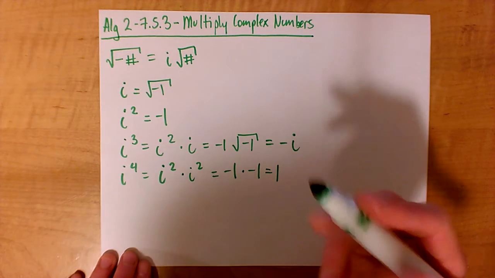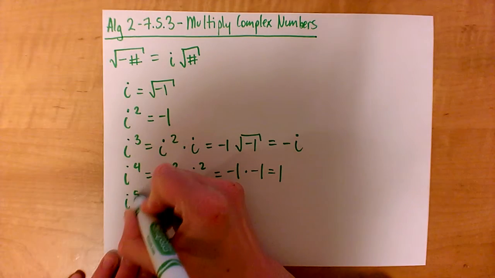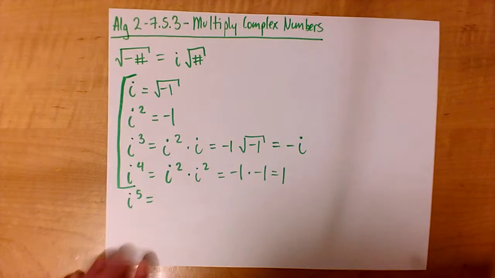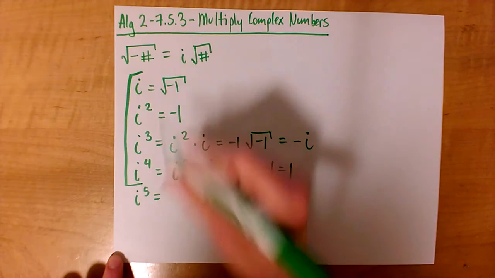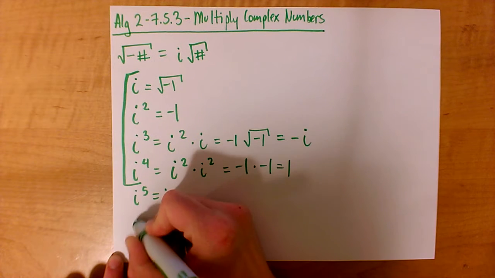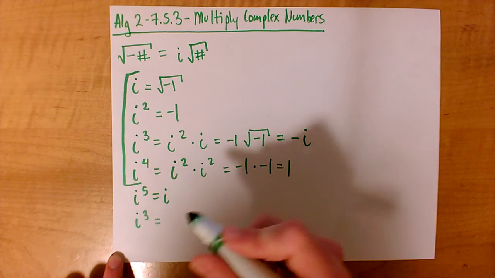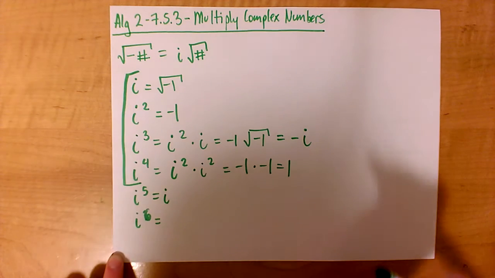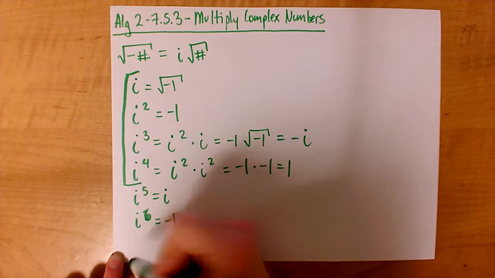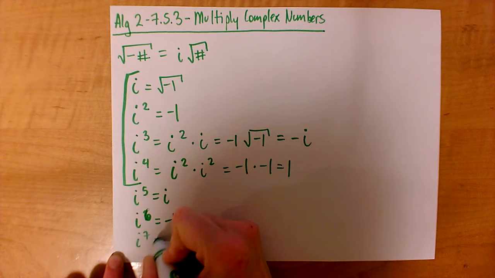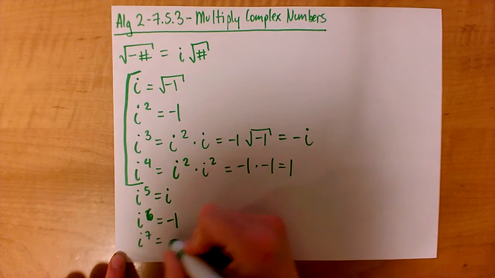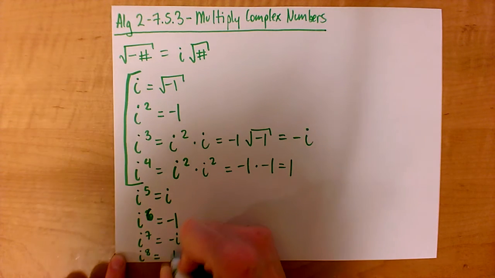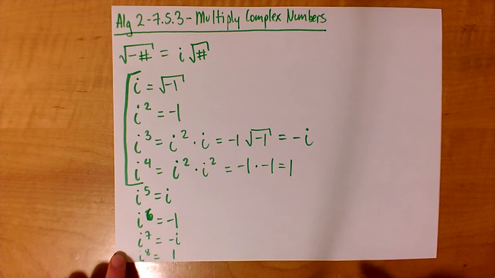And then we could run through this pattern again. If this pattern repeats itself every 4 units, then i to the 5th, going back to the top, is i. I to the 6th is going to be -1, i to the 7th is going to be -i, and then i to the 8th is going to be +1.